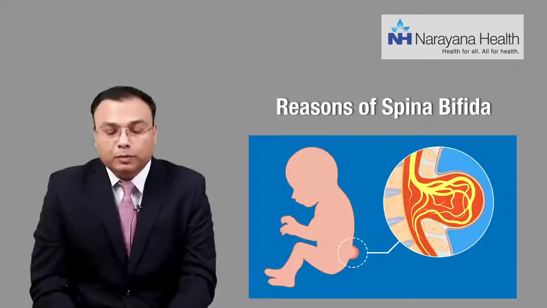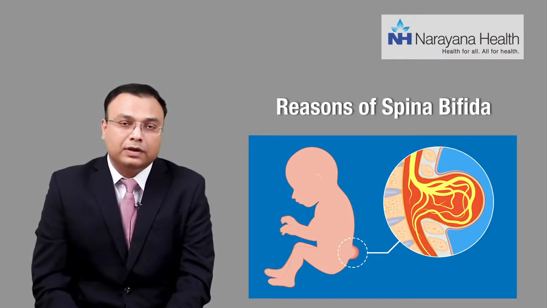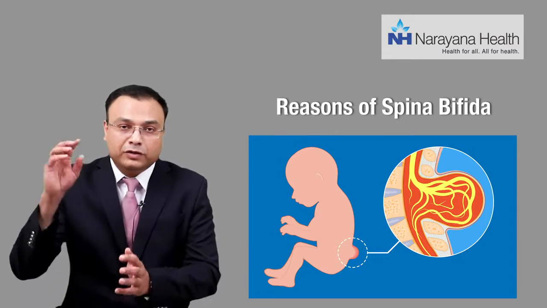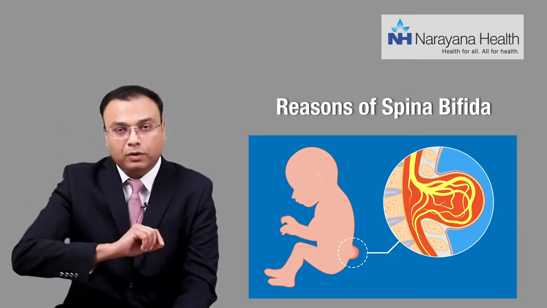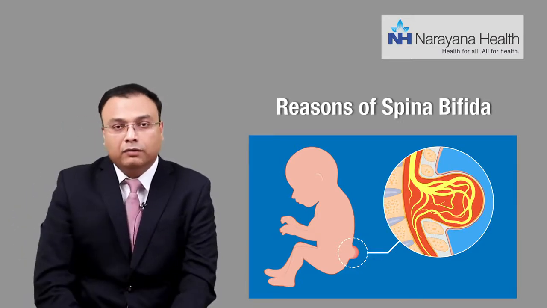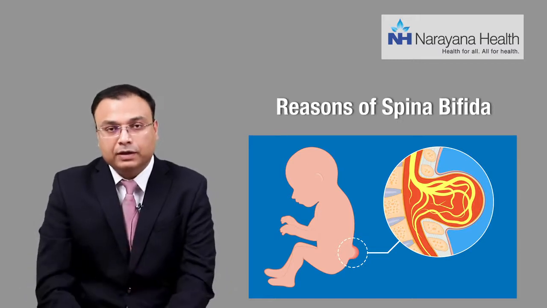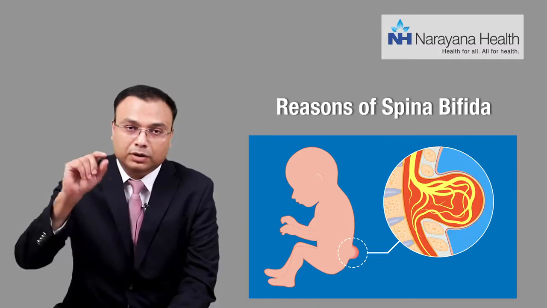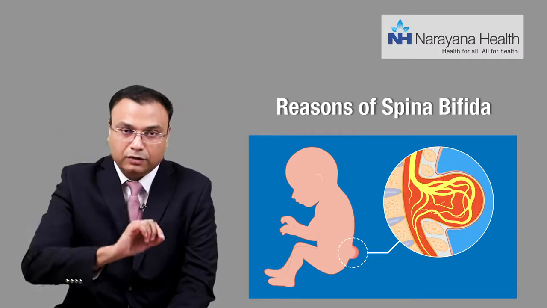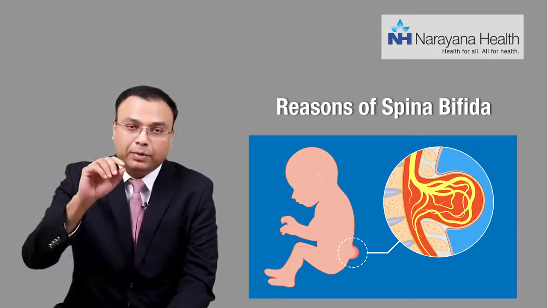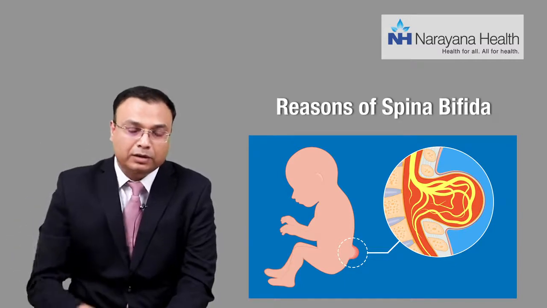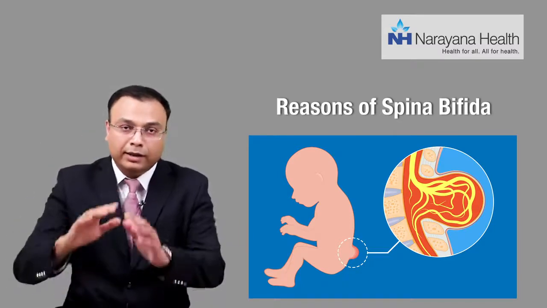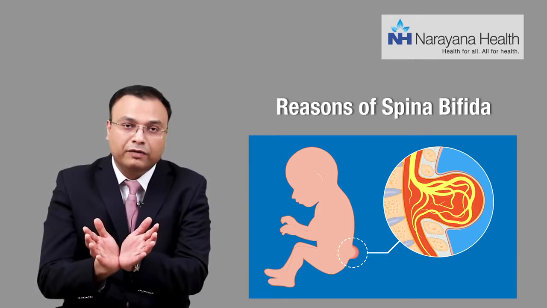The fluid containing sac can be meningocele and myelocele, which we are going to describe further in this video. Exactly how it happens is, it happens because the spine closes like a zip of a cloth when the baby is in the womb, and during the development, this zip-like closure of the spinal cord or your spine is sometimes hampered at either end of the spine, that is in the upper end or the lower end, and this leads to a defect which remains.